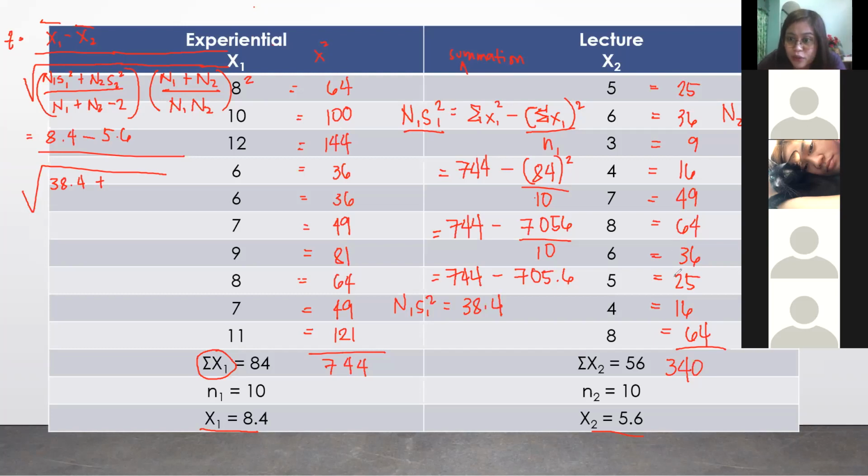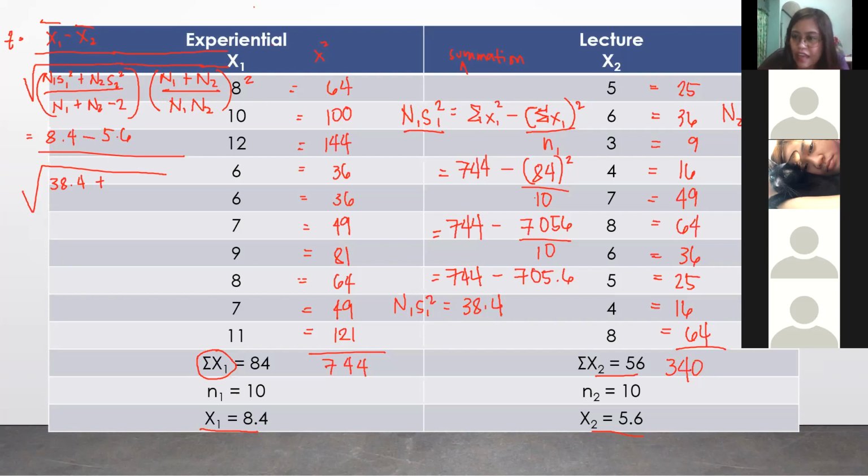So diba gi-square nato ni sila isa-isa niya gi-add nato. That is 340 minus kani siya class is the summation of all the scores in group 2. So tanang score sa group 2 gi-add katong before ta nagkuha og mean. So nakuha 56. So, kani siya 5 plus 6 hangtod plus 8, 56 na siya tanan.